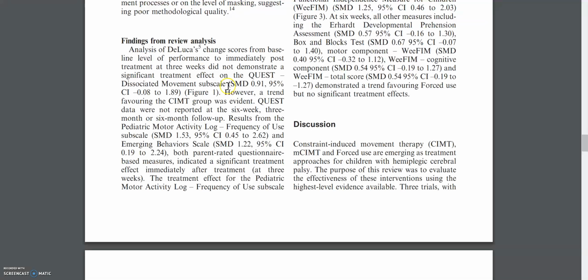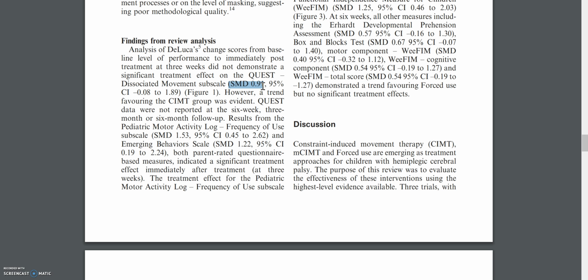So here, this SMD 0.91 is what we call standard mean deviation. And essentially, the standard mean deviation is a summary statistic that we utilize in meta-analysis when the studies all assess the same outcome, but they measure in a variety of ways.